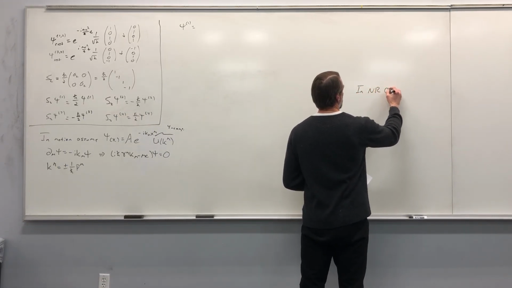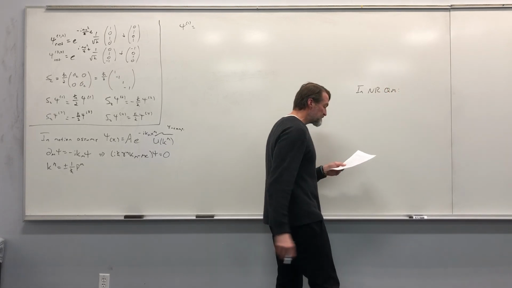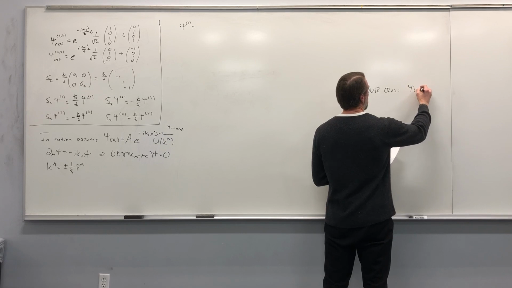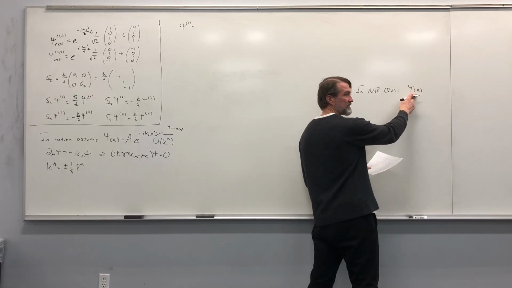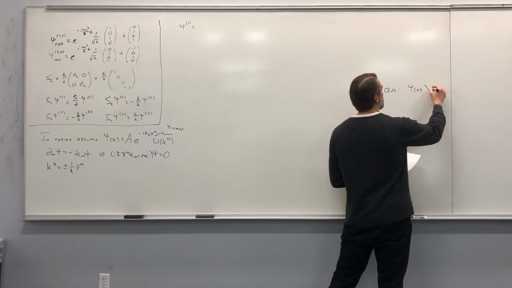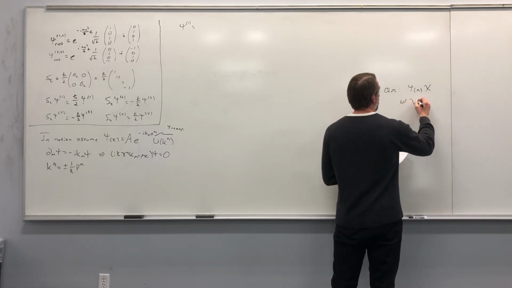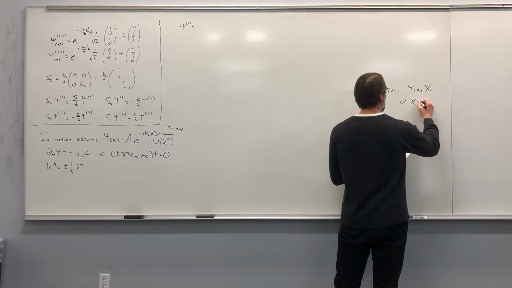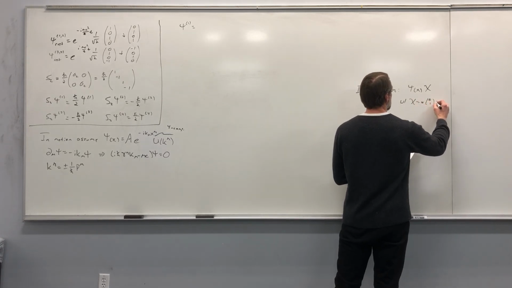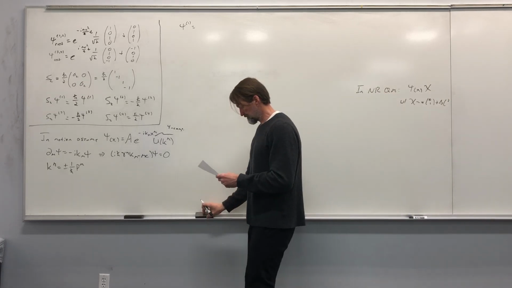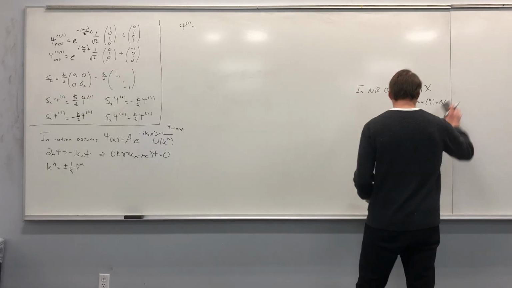So, in non-relativistic quantum mechanics, I'll just write this over here. In non-relativistic quantum mechanics, spinors almost always played the following role. You had a wave function describing the position dependence times a spinor, where the spinors were basically alpha (0, 1) plus beta (1, 0).